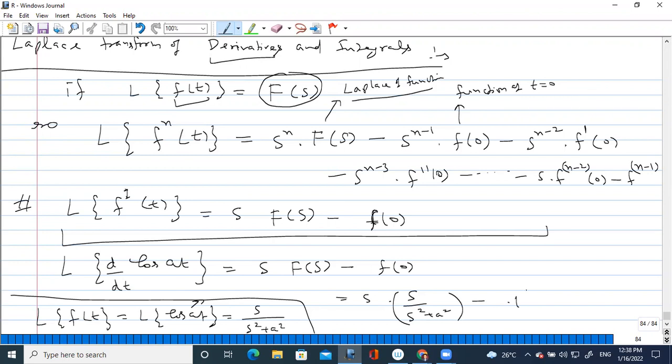You can simplify it more because the answer can be in some other form. For this s square plus a square, you can take LCM. So it will be s square, because s into s is s square, minus s square minus a square, divided by s square plus a square. So these cancel. So the answer is minus a square divided by s square plus a square.